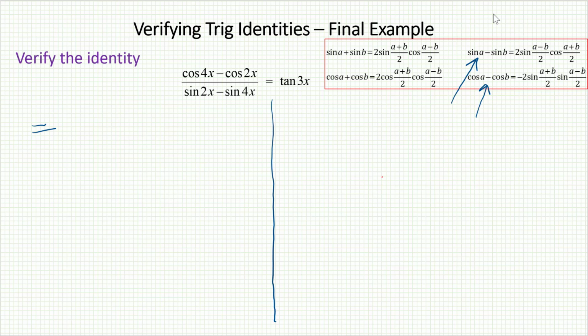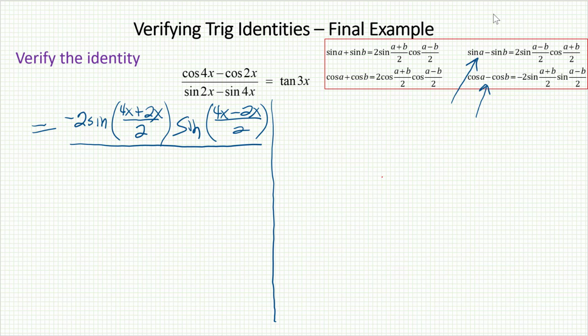I'll start with the top. Cosine A minus cosine B, negative 2 sine, and then I make this fraction. It's the two angles added, so 4x plus 2x divided by 2. And then times, and then this fraction has those two angles subtracted and divided by 2.